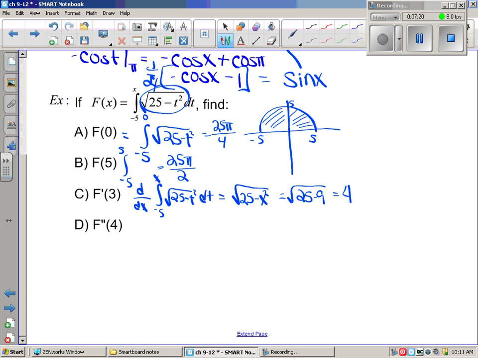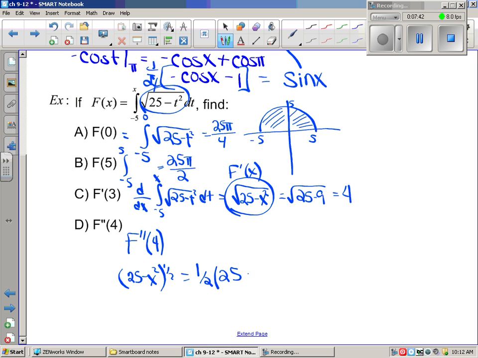How about double prime? Well, that means that if this is f prime of x, then f double prime, what would we do there? You would do its derivative, right? So let's just think about that. That would mean you would have to do 25 minus x squared to the 1/2 power. And so that would become 1/2 times 25 minus x squared to the -1/2 times the derivative of the inside.